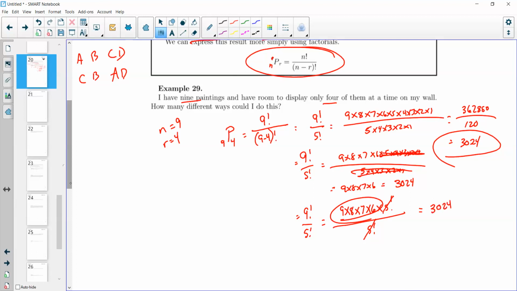Which method you use doesn't matter to me, whichever you're most comfortable with. I will say doing it the long way with larger numbers is not going to work. Your calculator will give you an error message because it doesn't have enough digits on the screen, and it'll go up quick.